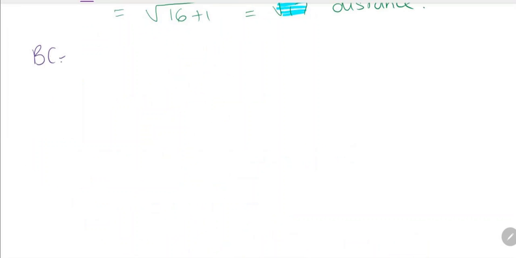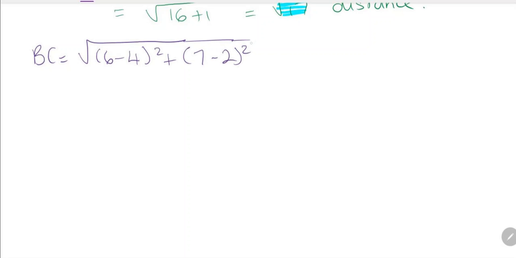So BC, this is (6 minus 4) squared plus (7 minus 2) squared. So you've got 6 minus 4, so that's 2 squared, plus 7 minus 2 is 5, plus 5 squared. So that's 4 plus 25, so that's root 29.